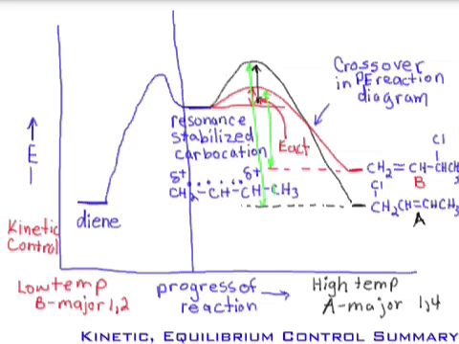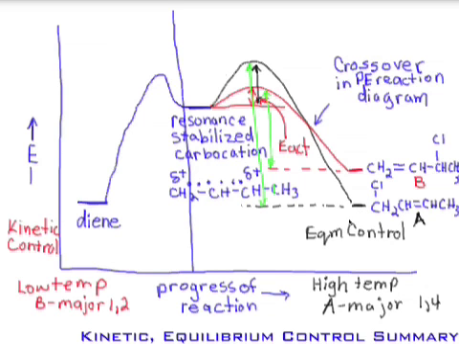At high temperature, we're establishing an equilibrium. So this is sometimes called, and I'm going to just use EQM for equilibrium, EQM meaning equilibrium, equilibrium control. Because what's happening is we've put in enough energy to not only go forwards, but we've raised temperature high enough so we can overcome the reverse energy activation, the green lines. And because the biggest hill, forward or backwards, is the black hill, backwards, the A, 1,4 addition product, begins to predominate.